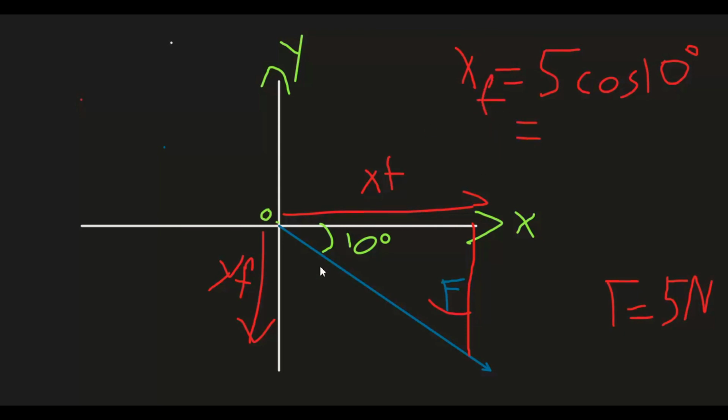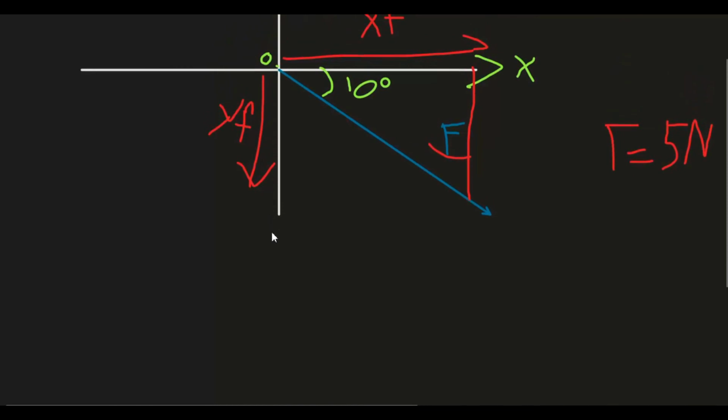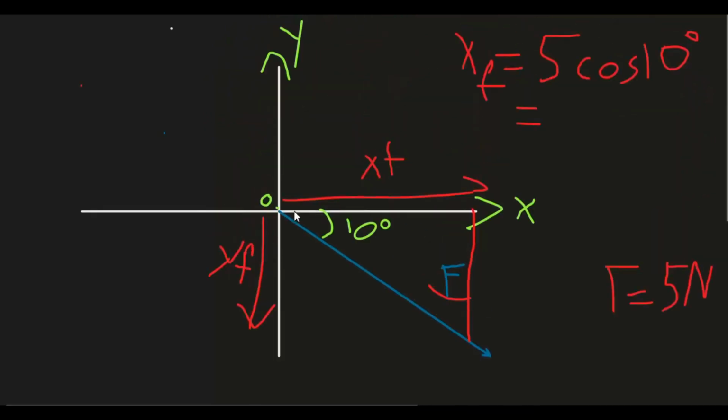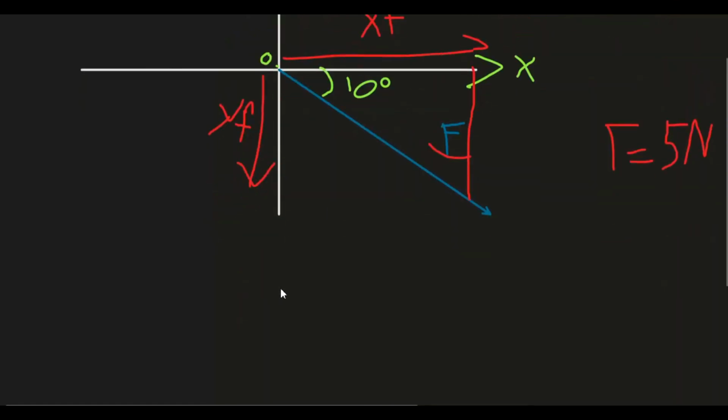But what about the y force? When we're talking about the y force, you see, this is in the negative y-axis, right? And we are asked to find the force F. So suppose we are asked to find YF and its direction.